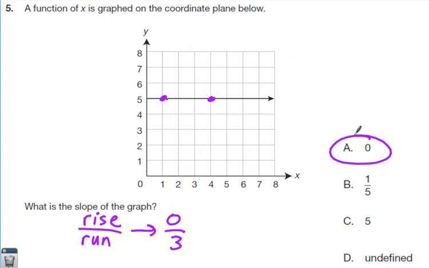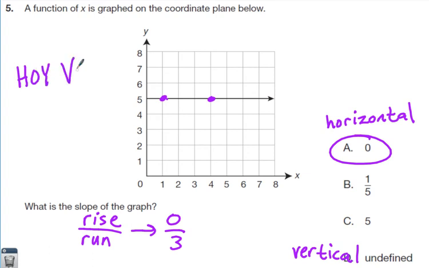To make this a little extra thorough, the answer would have been D if this line had been vertical. So this is for vertical lines, and this is for horizontal lines. And shout out to Mr. Birchanowski, or whoever taught him this, a little memory trick called HOIVUX, where the H is for horizontal and the V is for vertical, and this O is actually a 0.